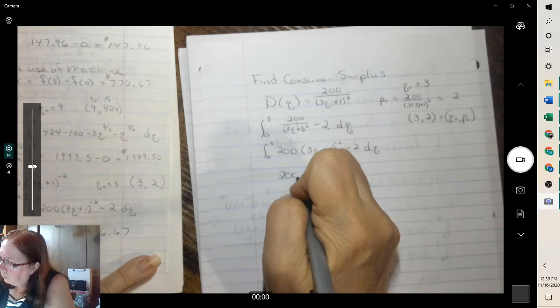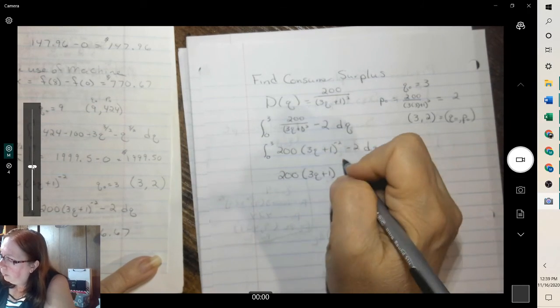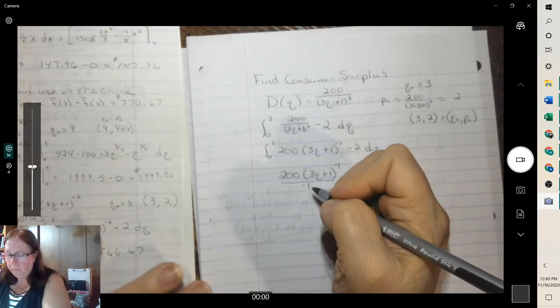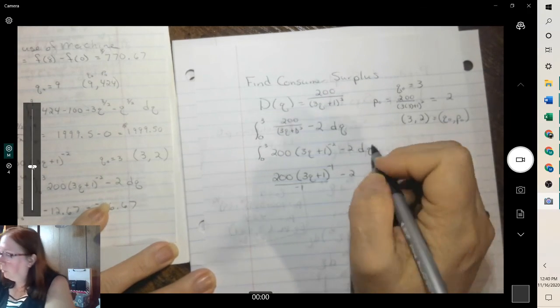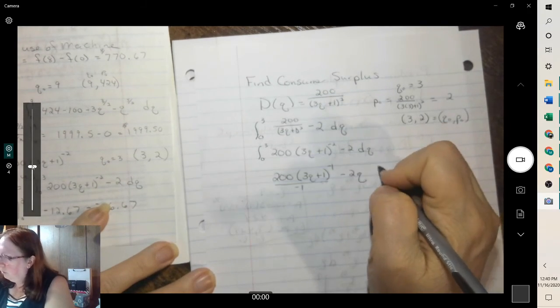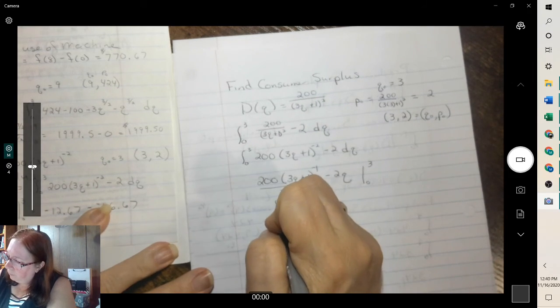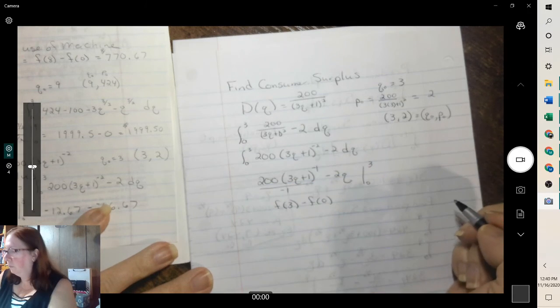So we have 200 times 3Q plus 1. Adding 1, we get a negative 1. Divide by the negative 1. Minus 2Q, because these are Q's. From 0 to 3. Then we want to find f of 3 minus f of 0.